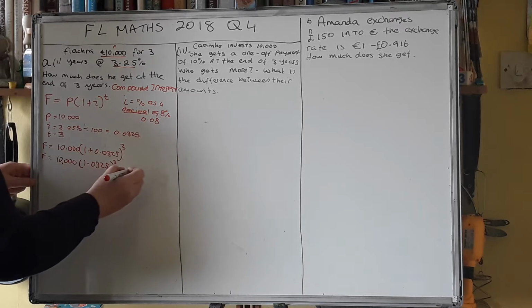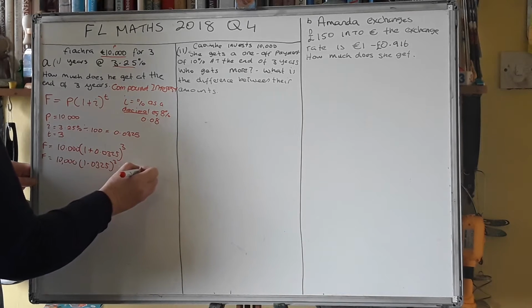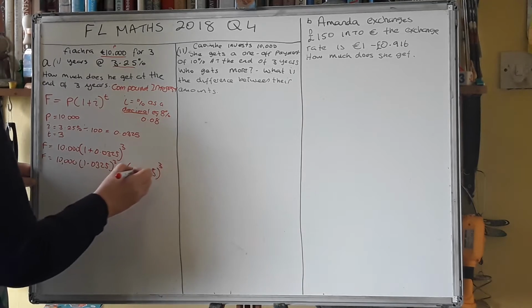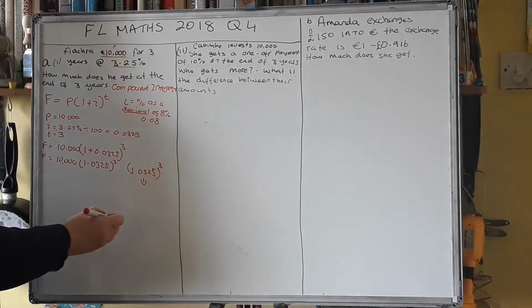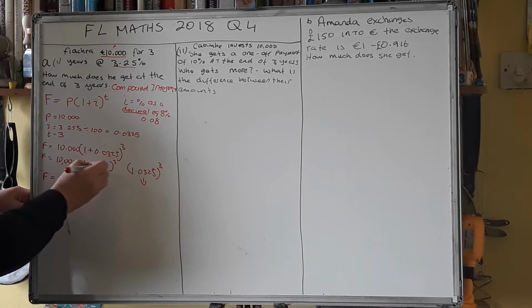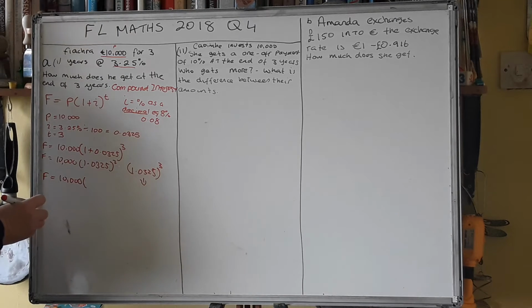So 1.0325 to the power of 3 gives you 1.100703078. We'll keep it in a bracket because we're going to multiply it by the 10,000.